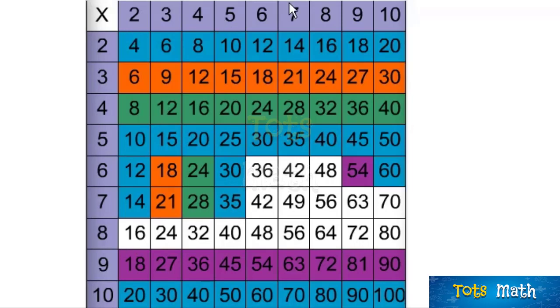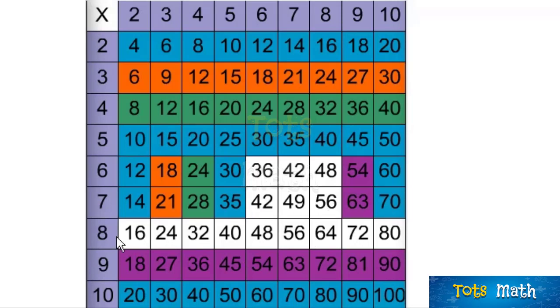You learned that 10 times 7 is 70, so 7 times 10 must also be 70. And 9 times 7 is 63, so 7 times 9 must also be 63. So we only have 3 facts left to learn in the 7's.